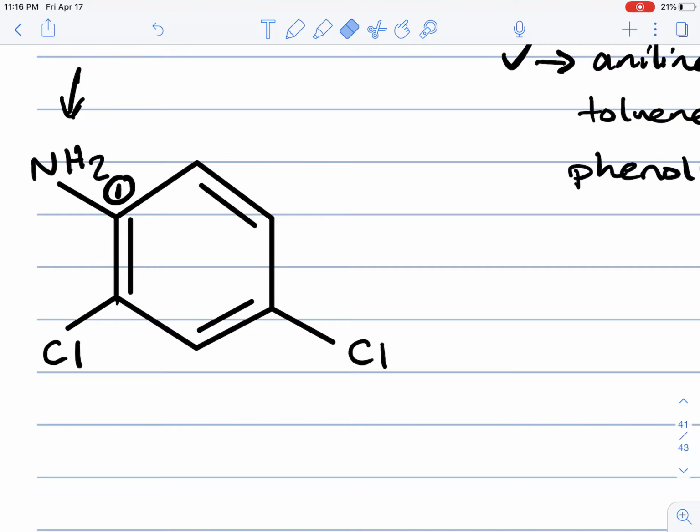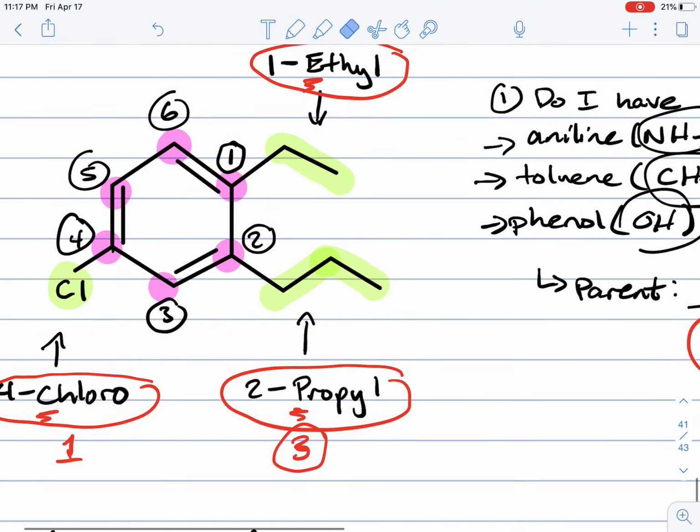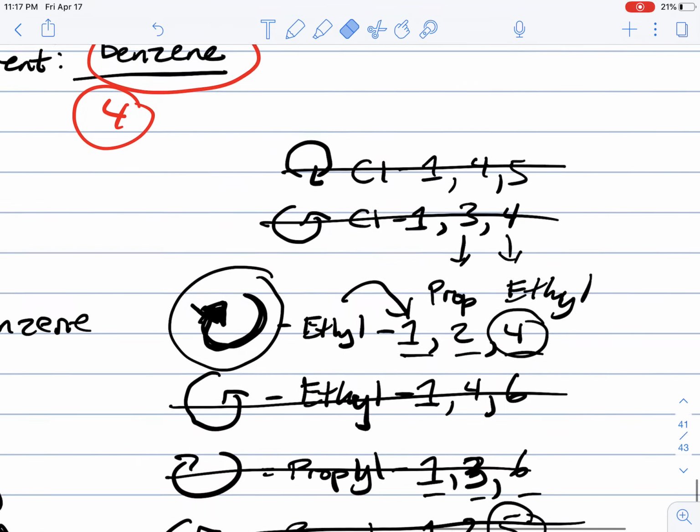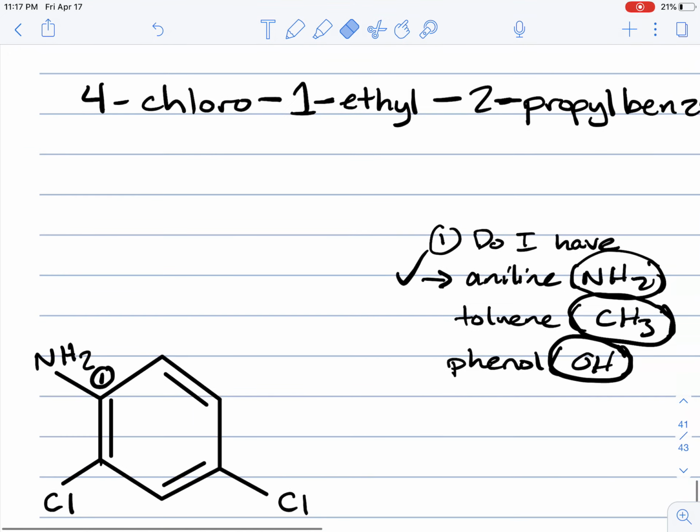We don't have to go through all those intense hoops like what we did for this compound, where I had to list all the possible combinations going clockwise or counterclockwise for every single substituent just to see which combination would give me the lowest values.